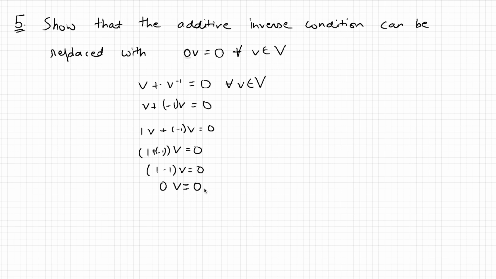So this is what we had to prove. Proving this is equivalent to proving this, so out of the 10 laws or axioms to prove that a set is a vector space, this condition can be replaced with this one.